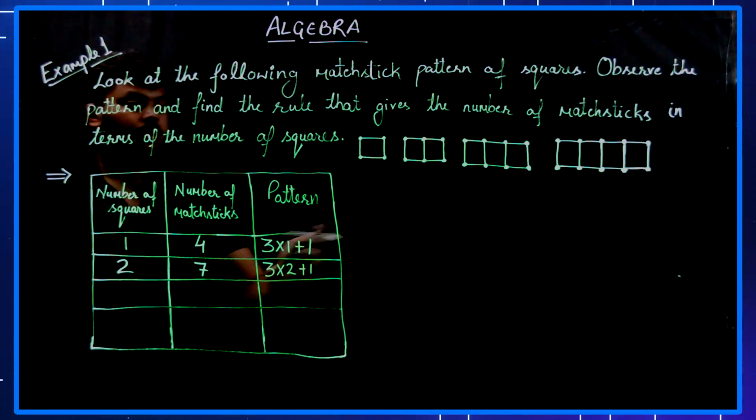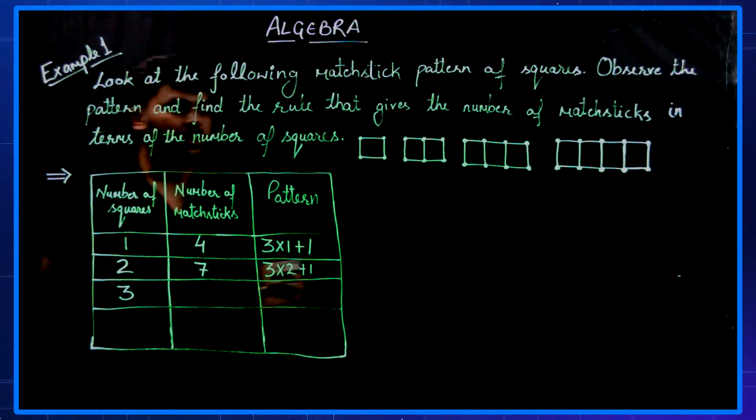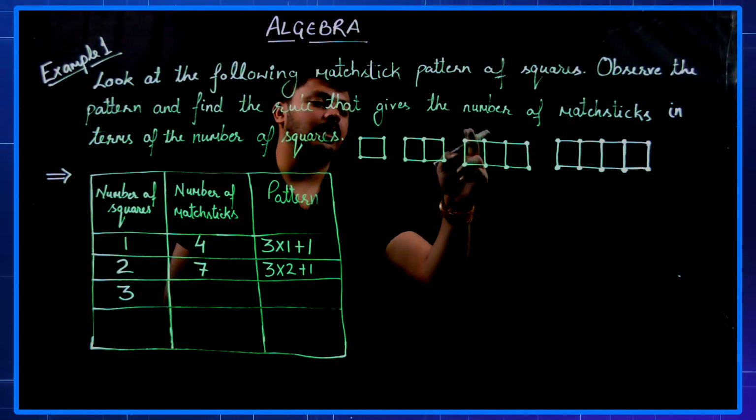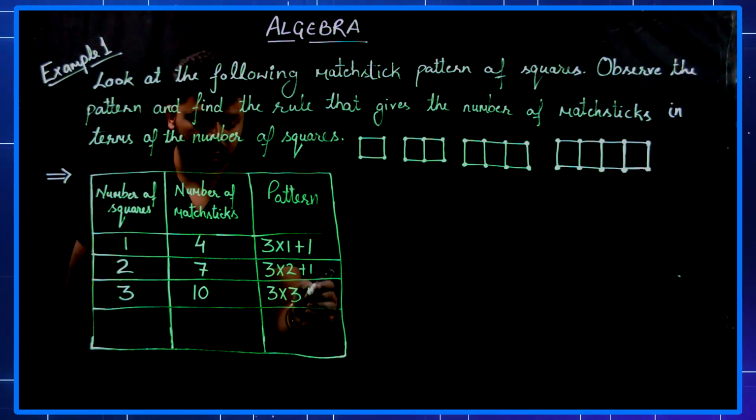Similarly, next we have 3 squares and the number of matchsticks is 1, 2, 3, 4, 5, 6, 7, 8, 9 and 10. So 3 multiplied by 3 plus 1.